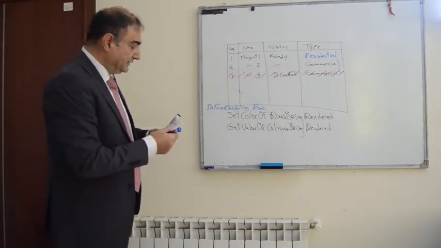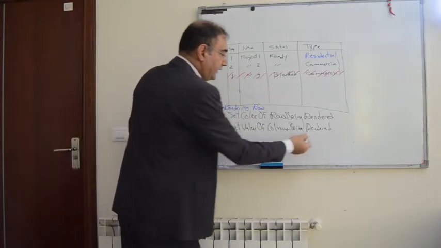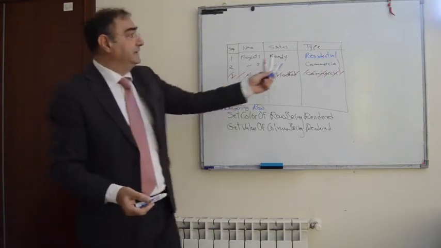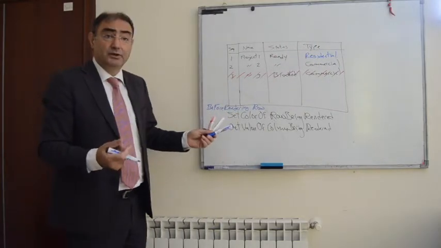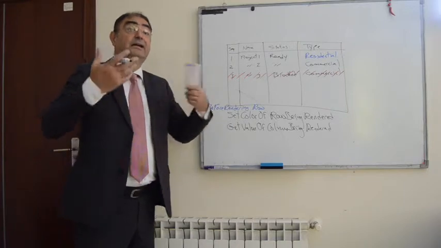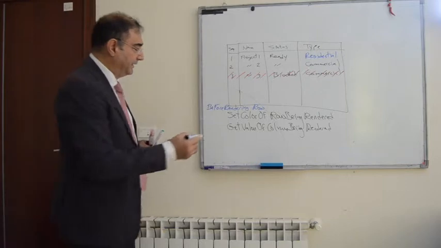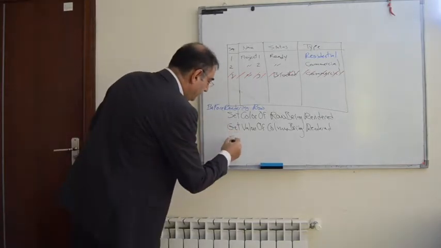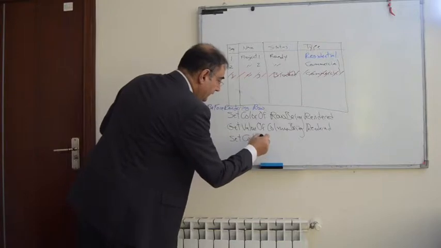Okay? So let's say this. There is a function called get value of column being rendered. We get that value of the type, and we tell the system, okay, change depending if it is residential or not. We do a compare. So there is a function called set color of.